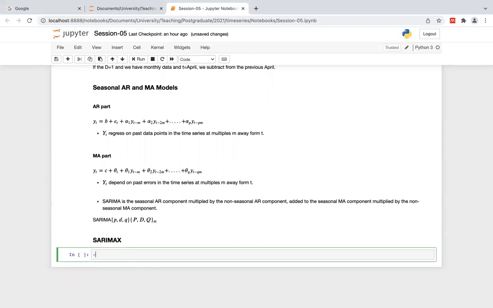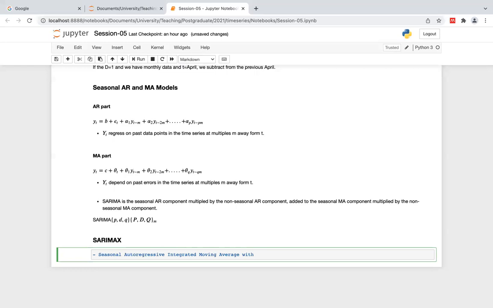Actually, we can pronounce it like this. It's as previous: seasonal autoregressive integrated moving average, with what?